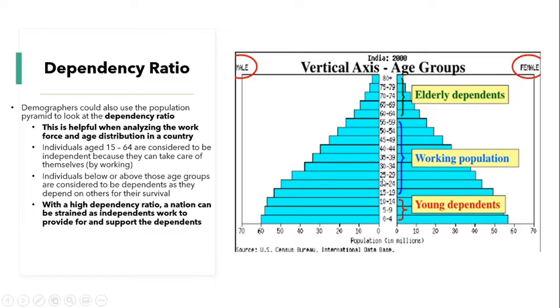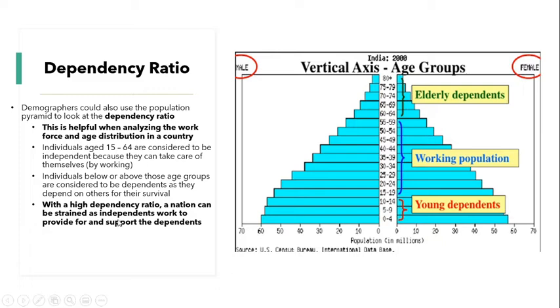You would be dependent on your parents, being the working population. When you're elderly, you can't work anymore either. So that's especially more true the further you go up in this population pyramid. So you again become dependent, whether it be on your children or the government, being put in a nursing home, living with your family, you'd become an elderly dependent.